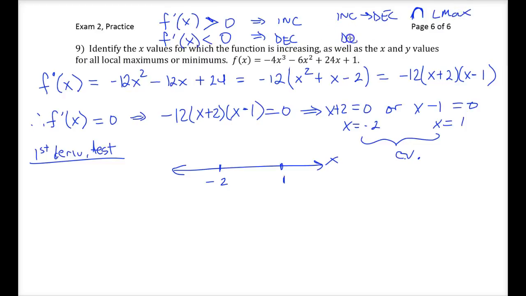And if I go from decreasing to increasing, then I know that I have a local min at that particular x value. So I'm going to use the increasing-decreasing test to sort of back my way into the first derivative test.